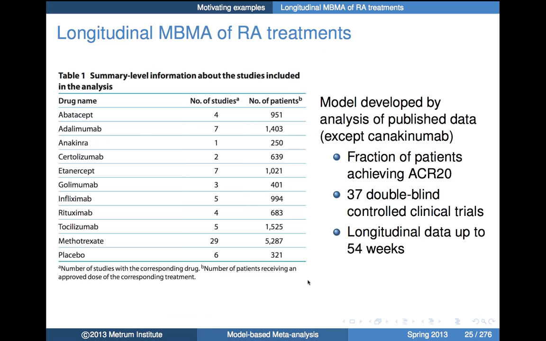They did the model-based meta-analysis based upon a collection of longitudinal data for all of these compounds, and this table just lists the number of studies for each one of those compounds, and the corresponding number of patients that data represented. The data they're working with is the fraction of patients achieving ACR20 in 37 double-blind controlled clinical trials, with longitudinal data up to 54 weeks.